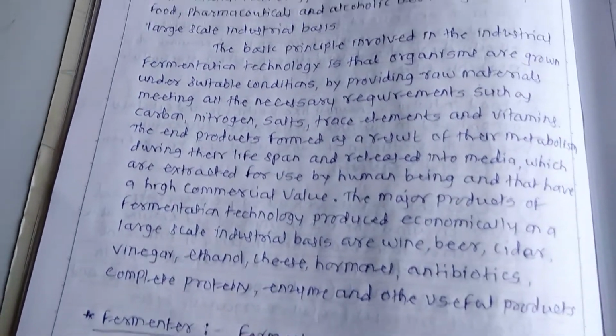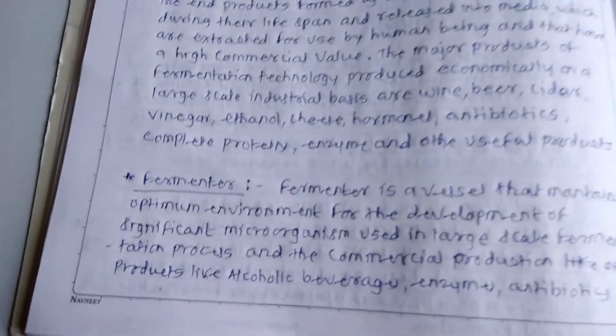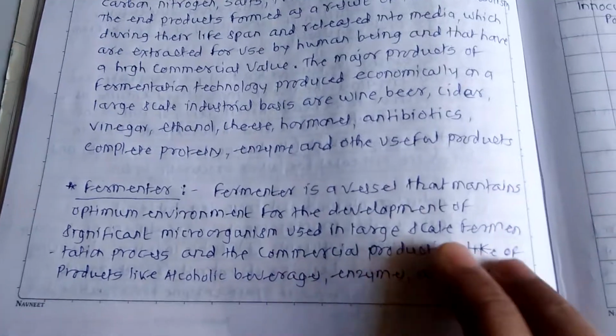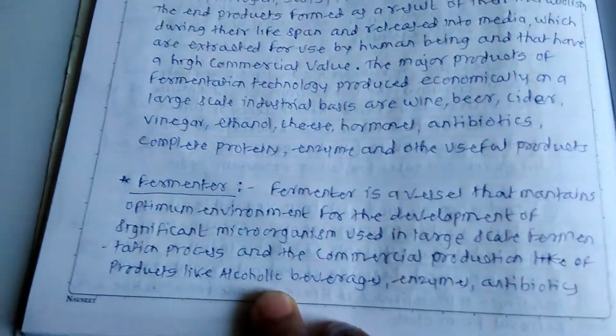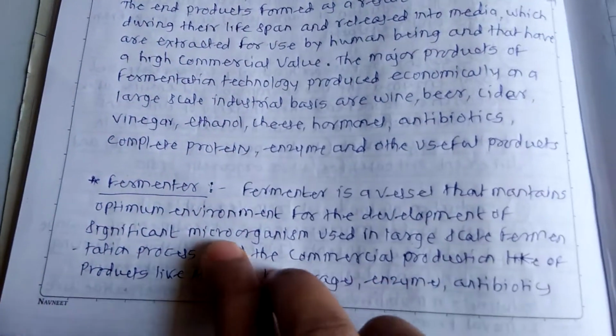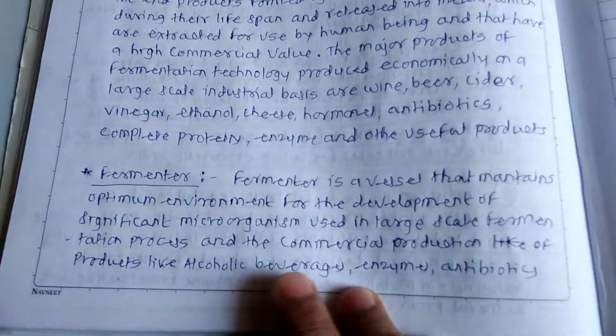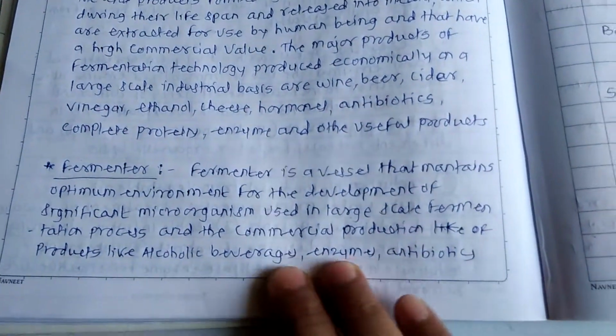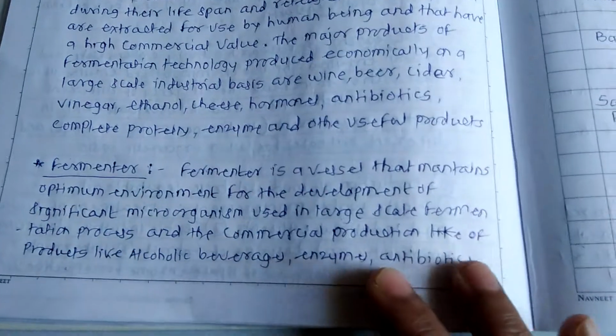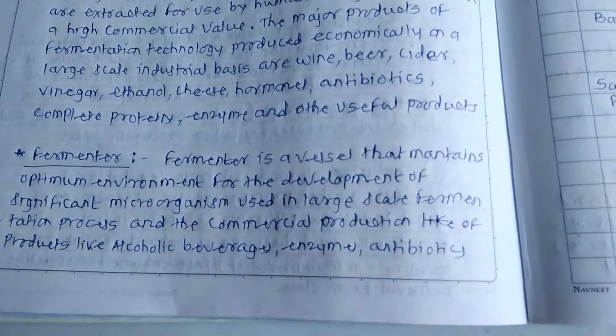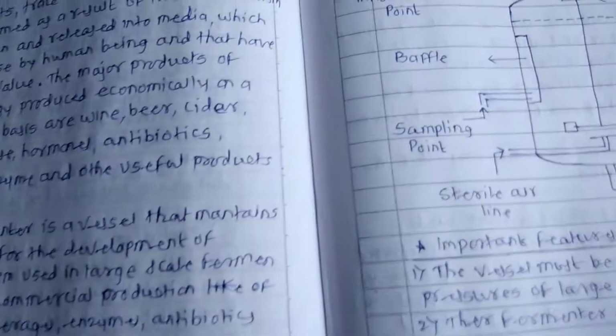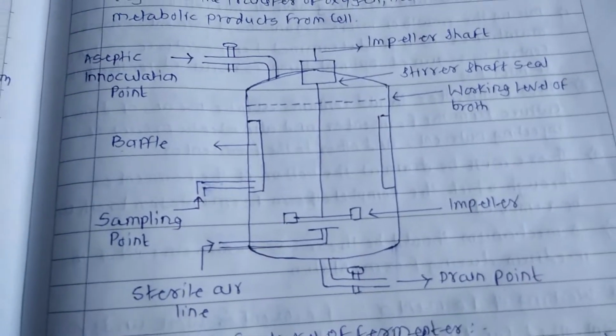Now for the process of fermentation, a fermenter is used. This fermenter is nothing but a vessel, and the vessel works under controlled conditions. Here is the diagram of the fermenter.